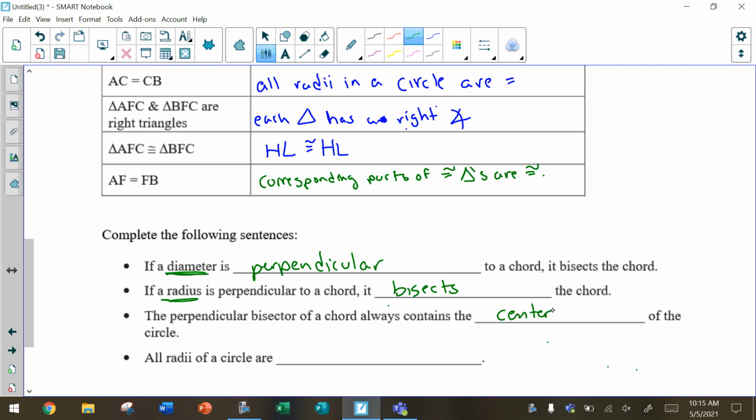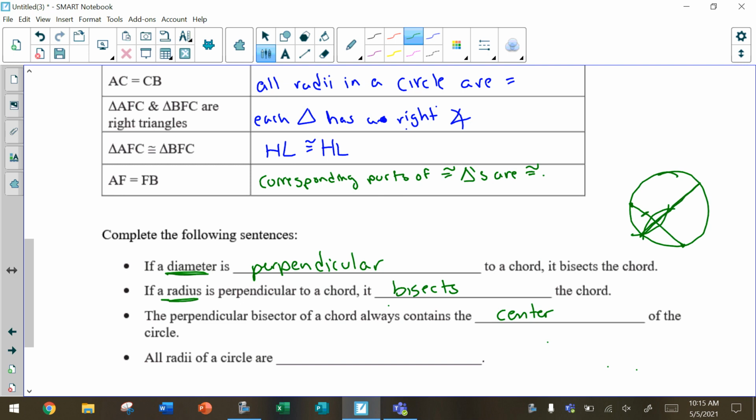In other words, if I were to draw a circle and then sketch a chord, okay? If we did the perpendicular bisector construction of this chord, so we opened up our compass and we went like this and we went like this, this right here is going to go through the center of the circle, all right?